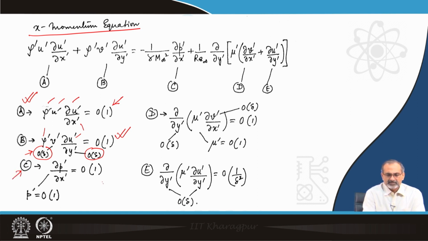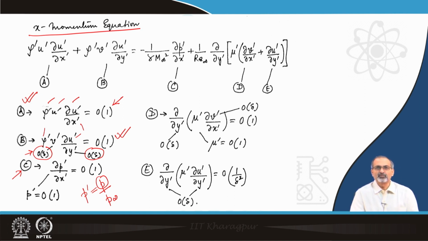C gives us an order 1 because the terms in the numerator and denominator both are of order 1. So, p dash, which is nothing but p by p infinity, the pressure typically within the boundary layer is going to change very insignificantly or practically not, and therefore, through the thickness of the boundary layer, p dash is always of order 1.